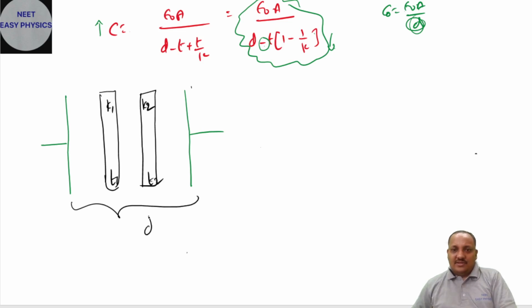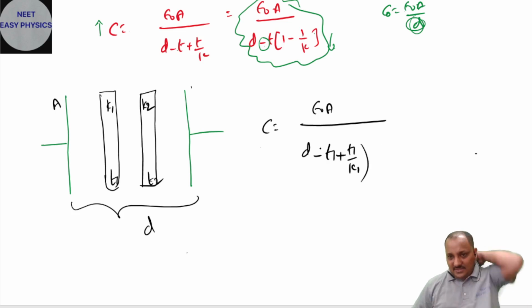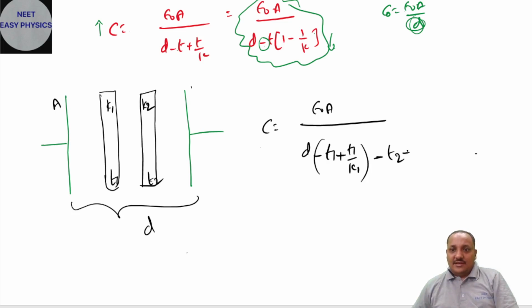The separation between the two plates is D, each plate of area A. Now what is the capacitance formula? C is equal to epsilon naught A by D minus, applying this formula, T1 plus T1 by K1, this is 1. Next, minus T2 plus T2 by K2.